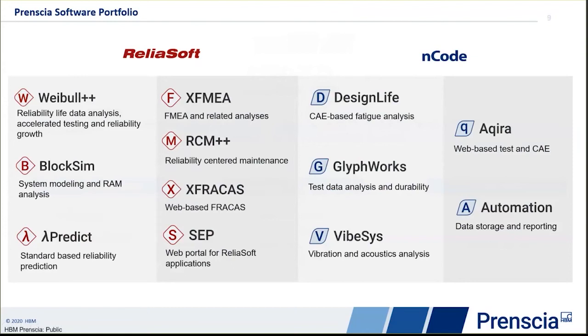Based on that standard-based template, we are able to create the base-level reliability on a qualitative approach. RCM is related to asset management, the process industries. They use these RCM tools. So as a whole, ReliaSoft provides the entire solution for the product development lifecycle from a reliability point of view.